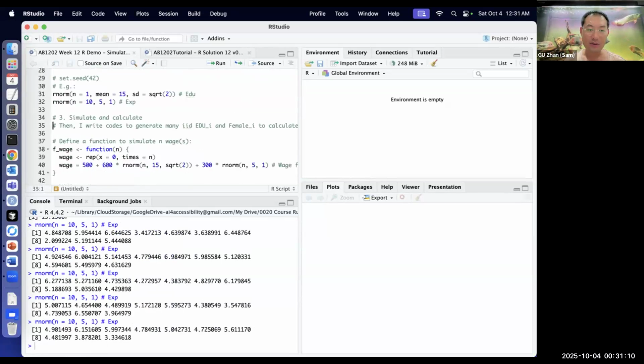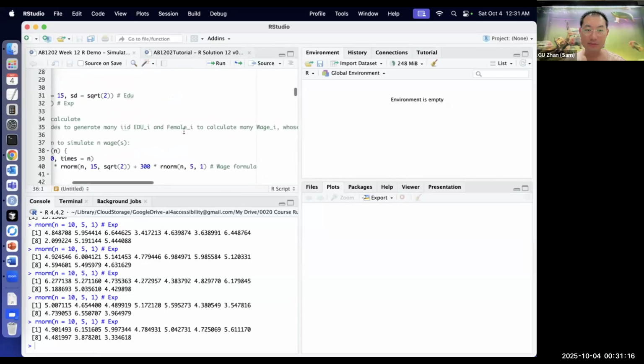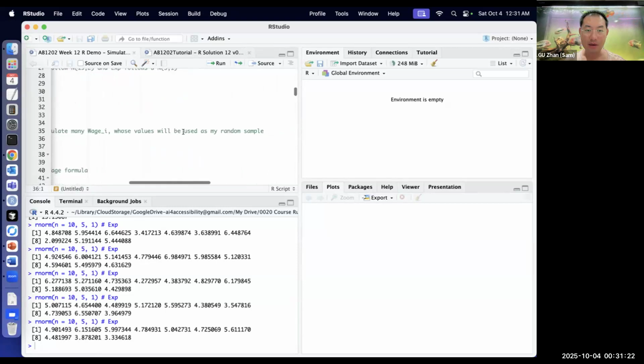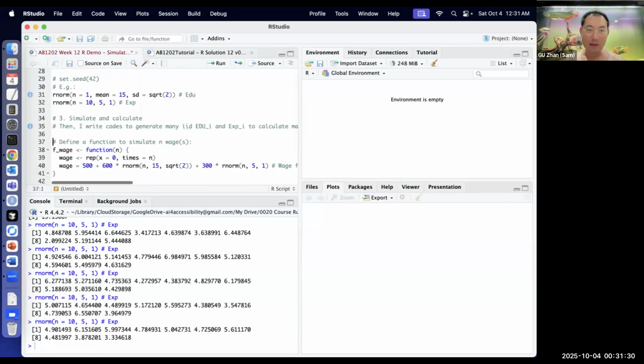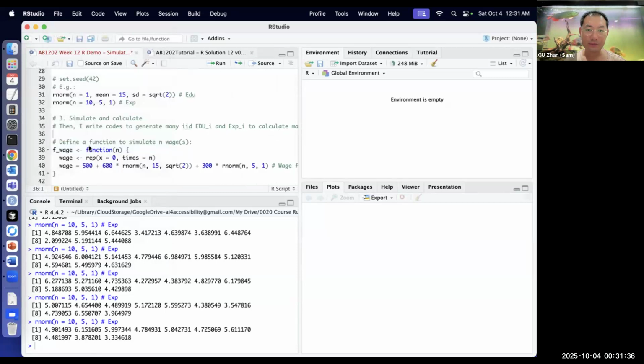And simulate and calculate. So I write code to generate many IDs and calculate many wages to be used as a random sample. So this is not female I, it's actually EXPI.